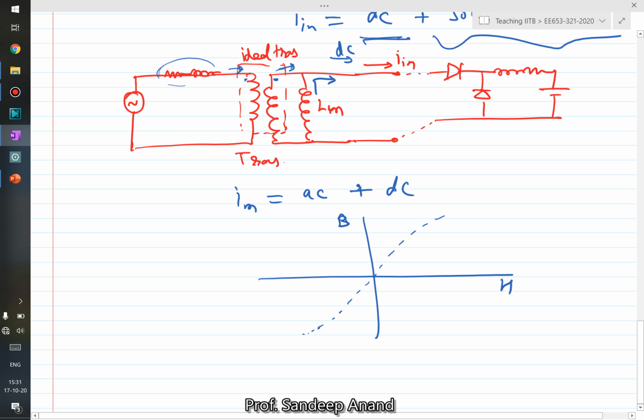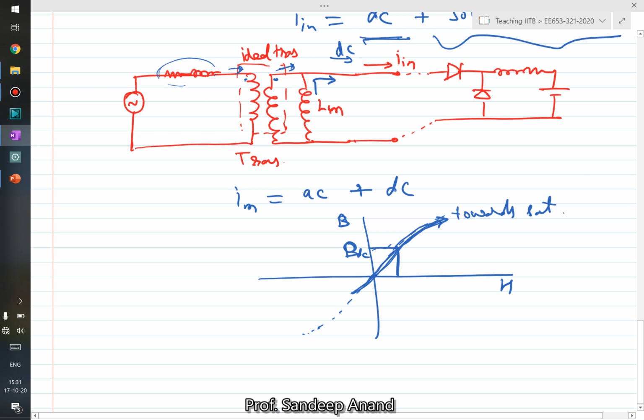That means you have a DC component. That means the DC component is, let's say, contributing to this much of flux. This is BDC, right? And you would have an AC, so you would be going above and below this point. So because of this DC offset, you are tending more close towards saturation.